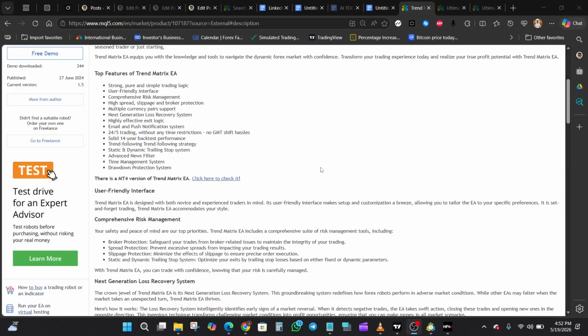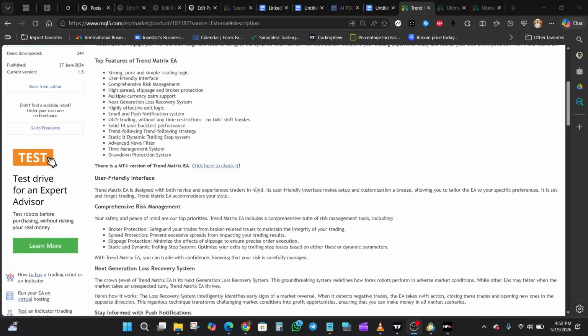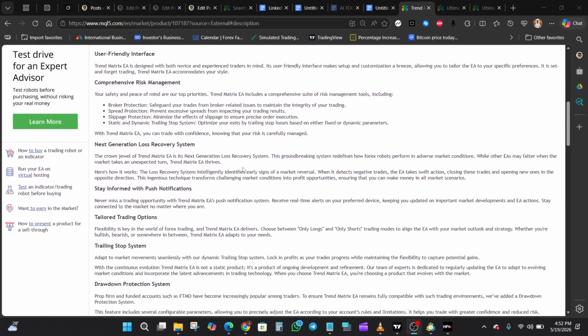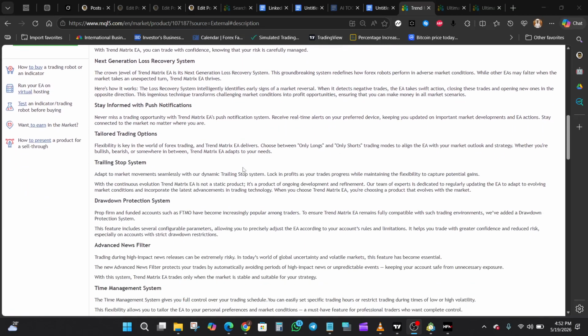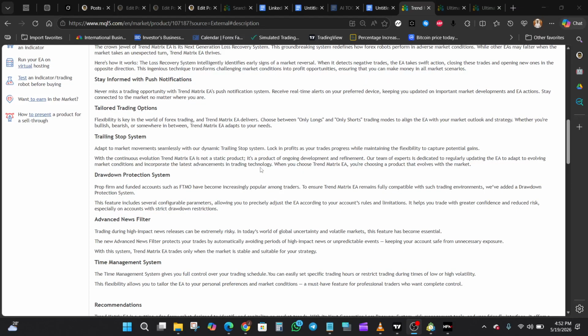Now, there is also a strong emphasis on flexibility with options to enable or disable long or short trading depending on market bias. All right, which allows the system to be adjusted based on trading preference.